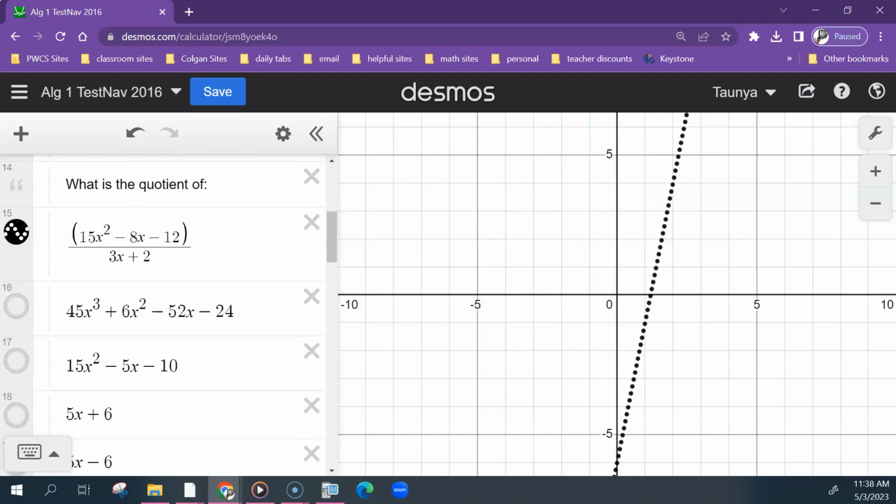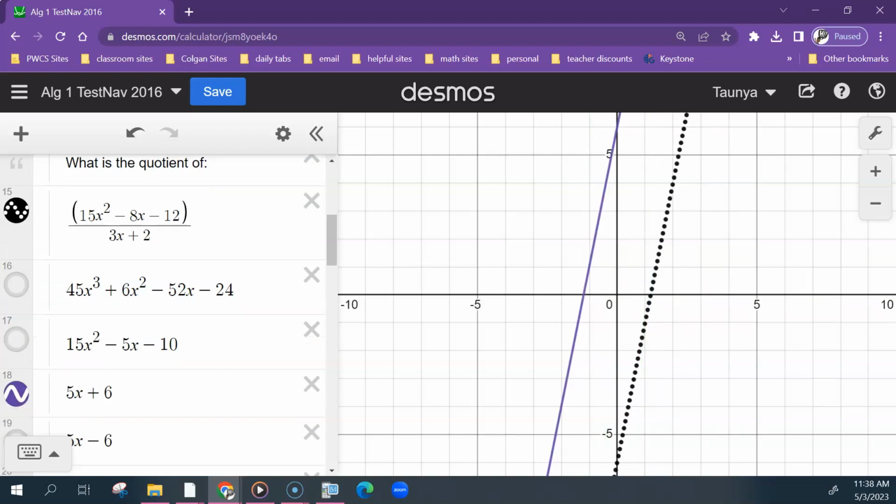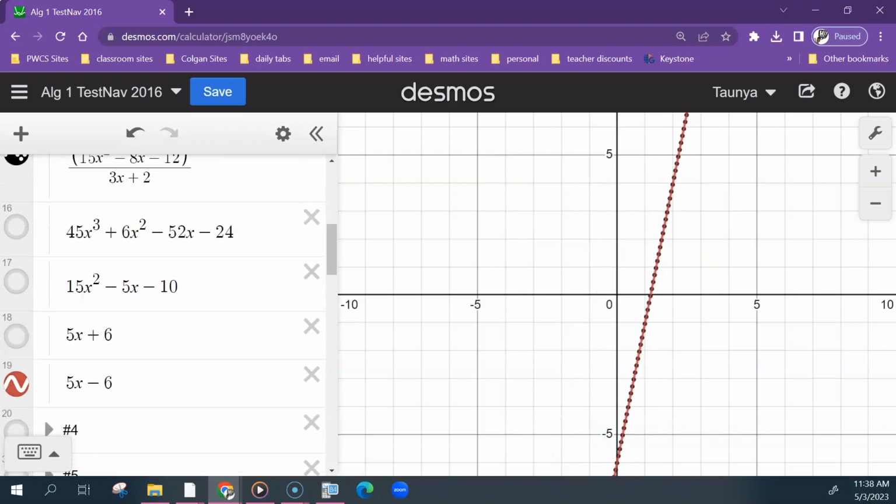So this was the original. And then as you start to graph these, look and see which one overlaps the one that was already there. That one does not. That one does not. That one is a line, but it doesn't overlap, so it has to be 5x minus 6, or D.